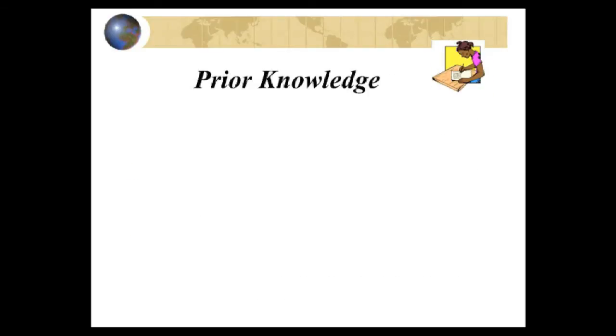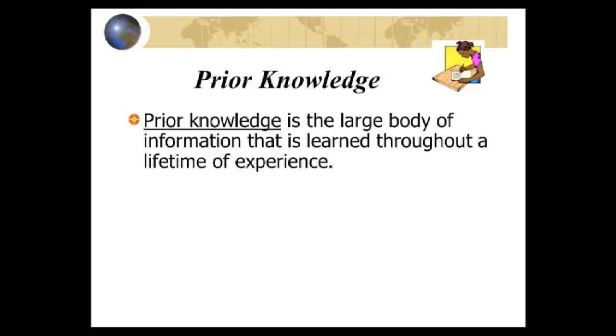One of the other things that you need to know when you start the reading process is prior knowledge. And again, this is a term that a lot of us have probably heard, but we have the textbook definition, and prior knowledge is a large body of information that is learned throughout a lifetime of experience. Another short way to remember what prior knowledge is that it's what we already know.